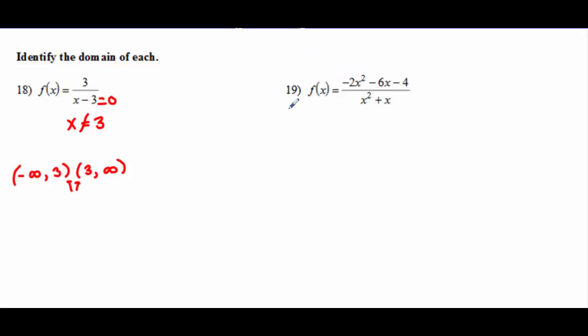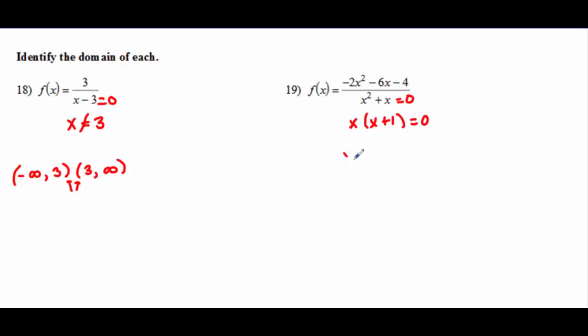Over on 19, we want to set the bottom equal to 0, and so we're going to have to factor, because to solve x squared plus x, you can use the quadratic formula, but that's a lot more work than you need, because I can take an x out of both of these and get x times x plus 1.